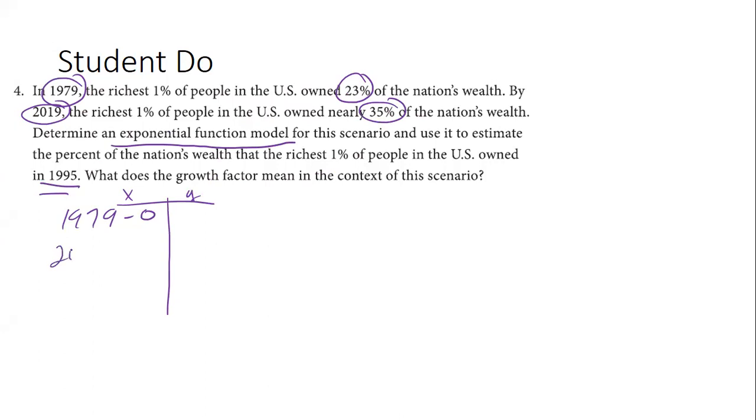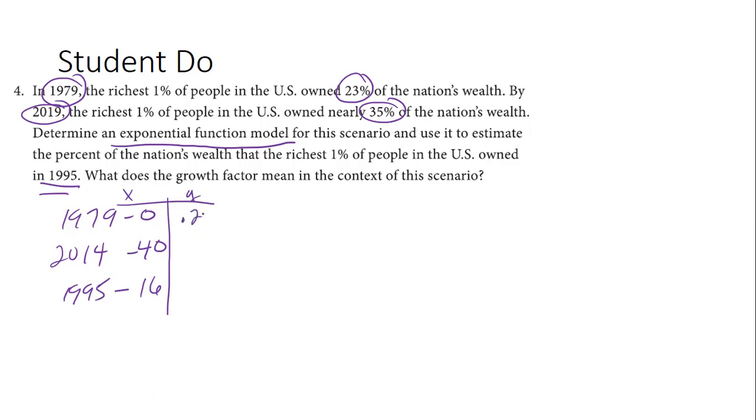So therefore, 2019 is going to be 40. And then 1995 is going to be 16, because 1995 minus 1979 is 16. So remember, we have to force it as our 0.